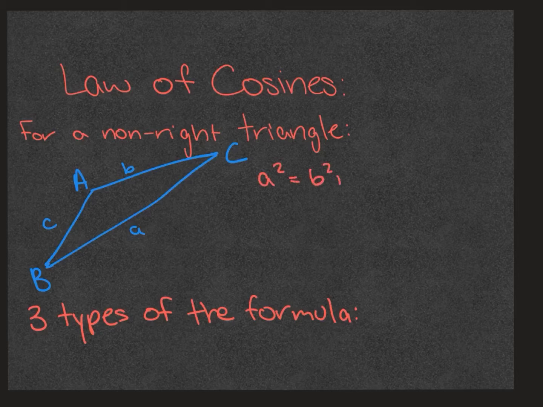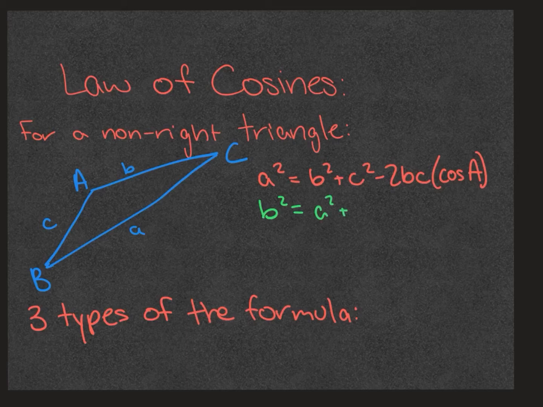So say we are missing side a. Our formula is going to be a squared equals b squared plus c squared minus 2bc cosine of the angle A. That's the angle that goes with it. Now we also have, if b is missing, b squared equals a squared plus c squared minus 2 times a times c, all times the cosine of that angle B. Then the last one is if we have c squared.